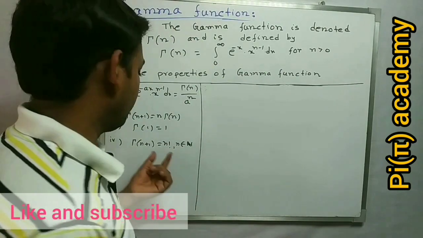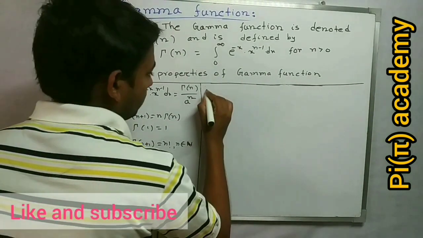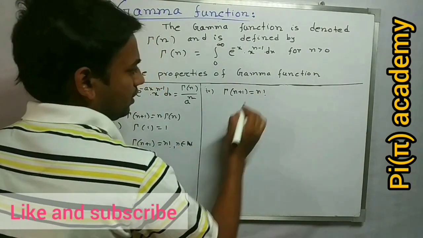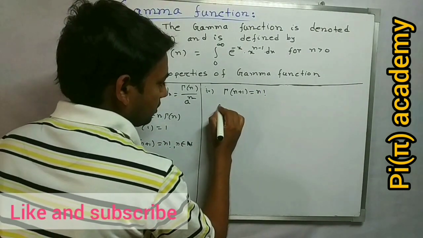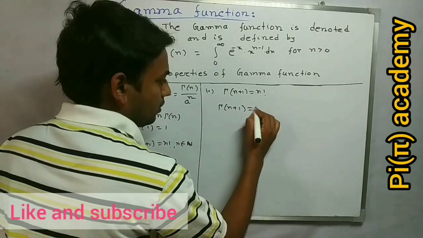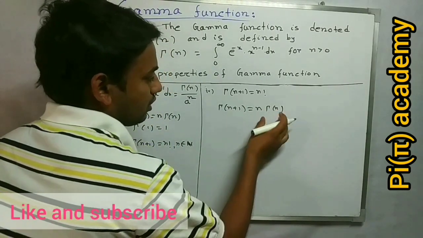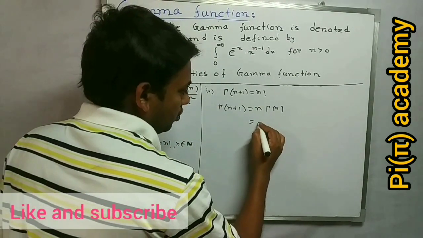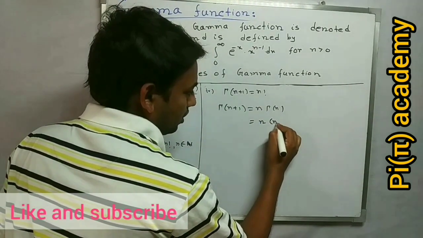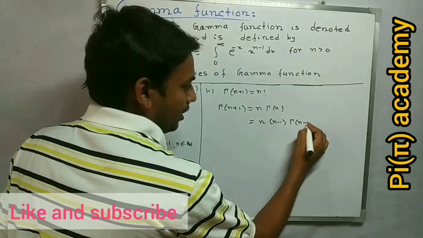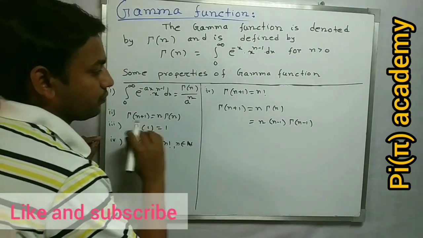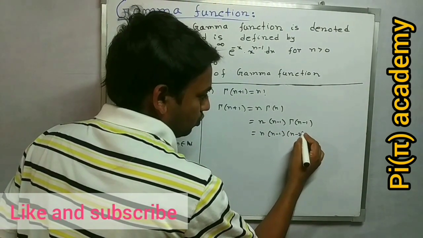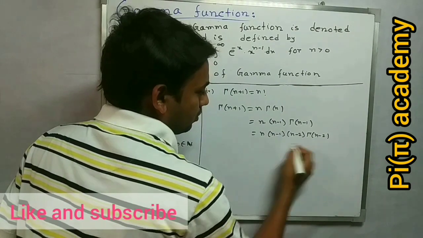Now I prove property 4. Here gamma n plus 1 equals n factorial. That is, gamma n plus 1 equals n into gamma n. We know this by property 2, and we can also write this as n into n minus 1 into gamma n minus 1 by the same property, and n into n minus 1 into n minus 2 into gamma n minus 2.